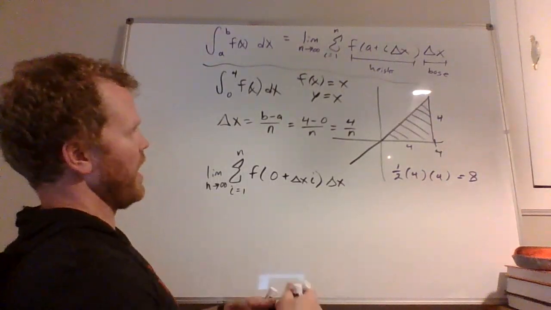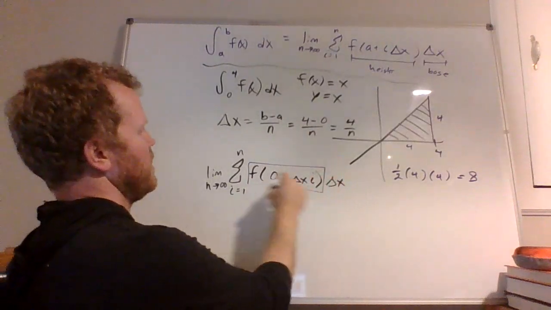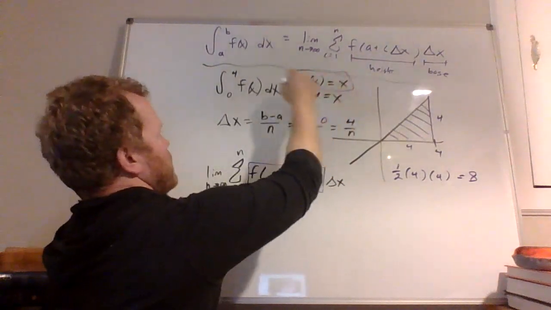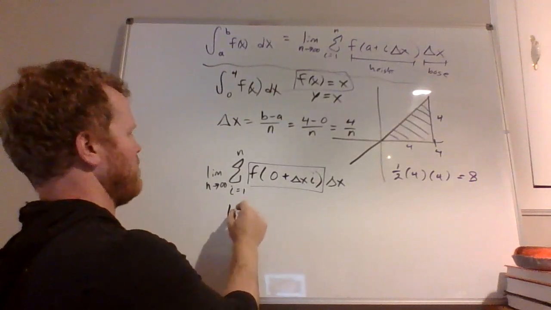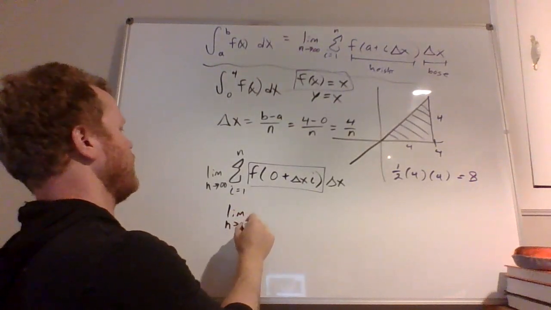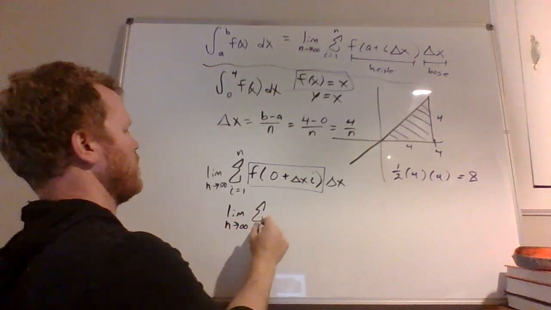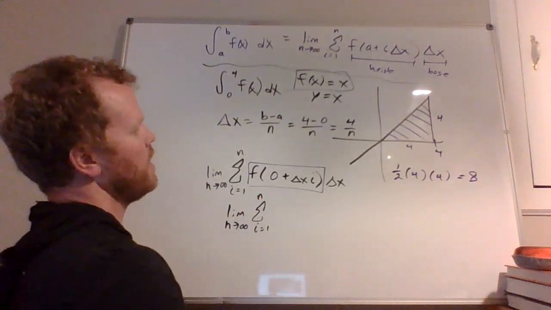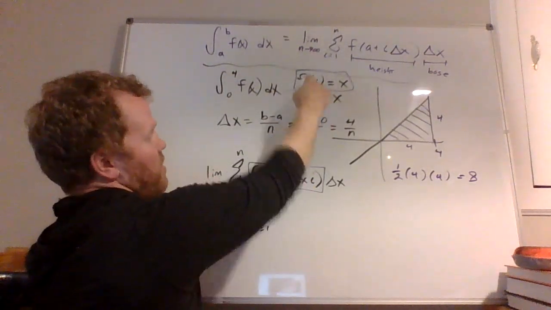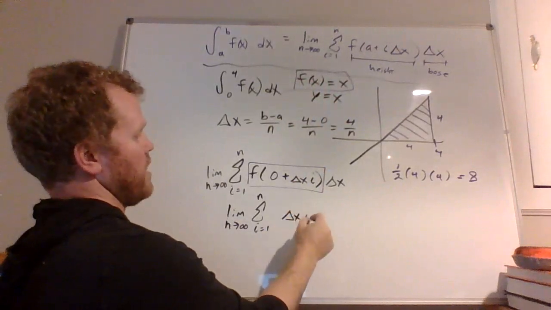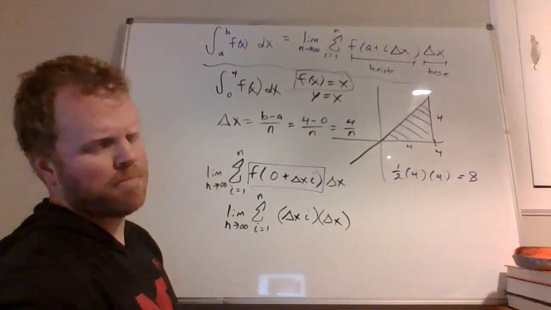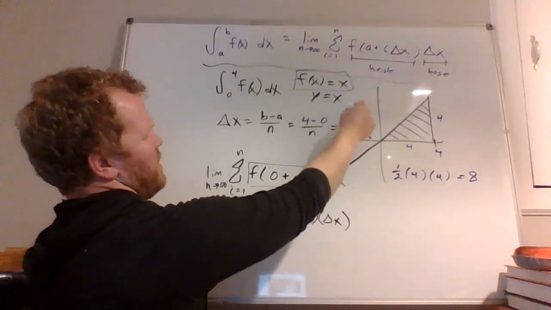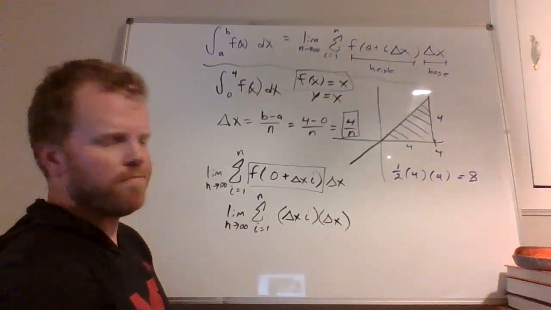So f of x, we actually know what f of x is. f of x is just x. So really, what you should get here is the limit as n goes to infinity, starting at 1, going to n, of, we just plug that in here, delta x times i times delta x. Except, we actually know what delta x is. Delta x is 4 over n.